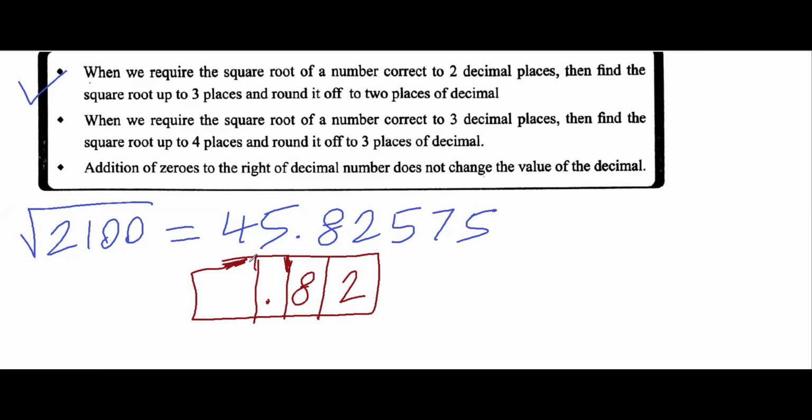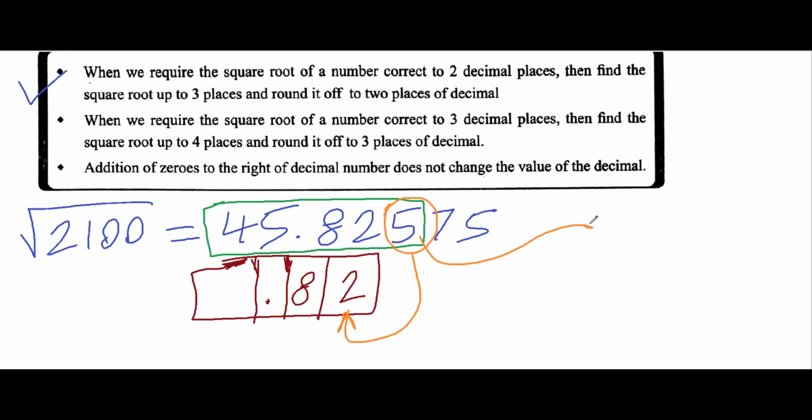Next it's saying, you have to find up to 3 decimal places. They have asked to find up to 2 decimal places, but you are going to calculate till 3 decimal places. Why? Because this last number is going to decide what should come in this place.